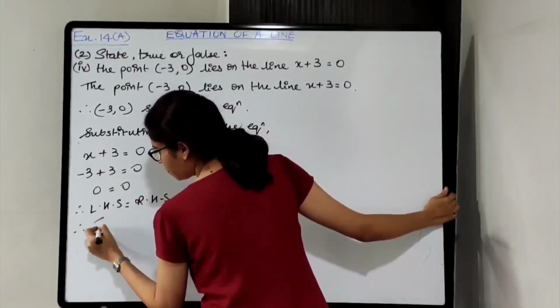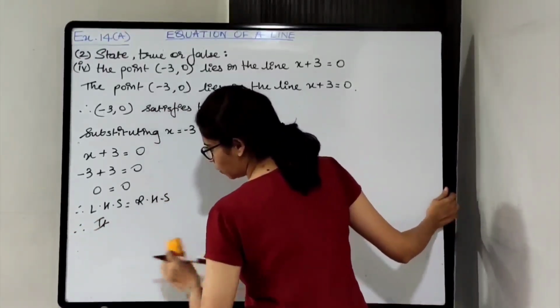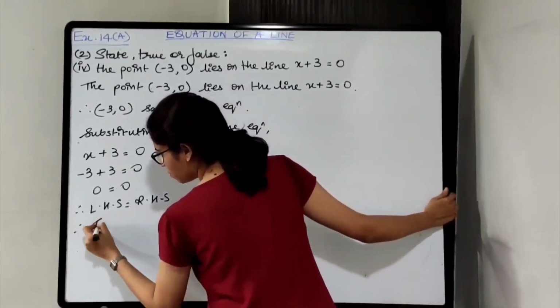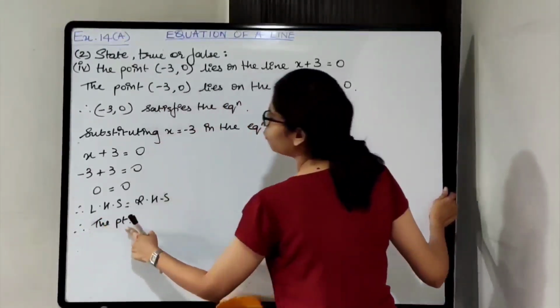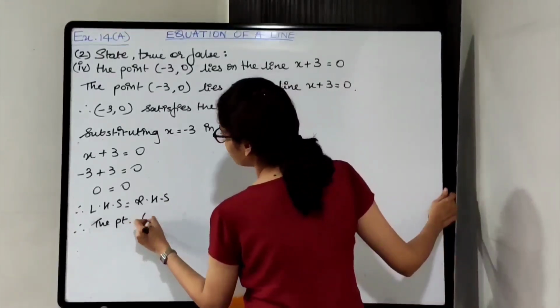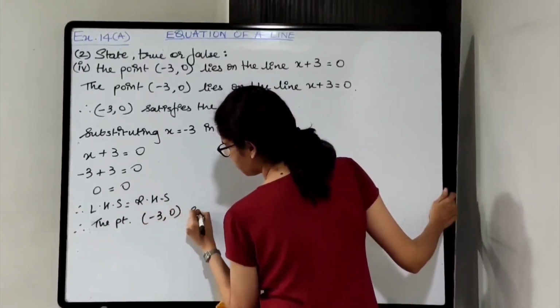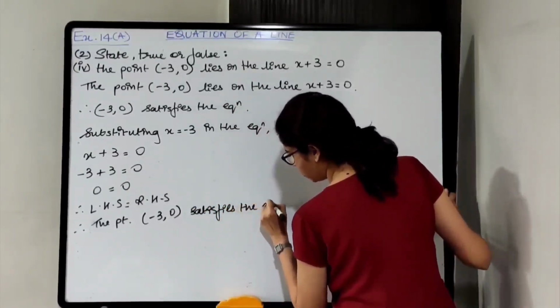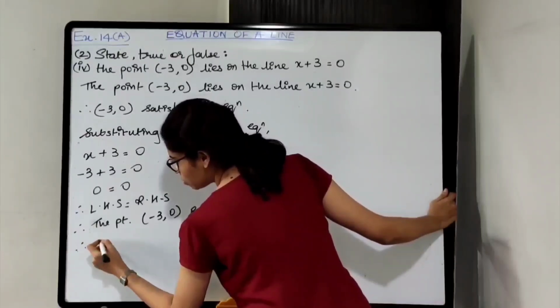Therefore the point satisfies the equation. The point full word लिखना है. Okay. The point minus 3, 0 satisfies the equation. Therefore, the statement is true.